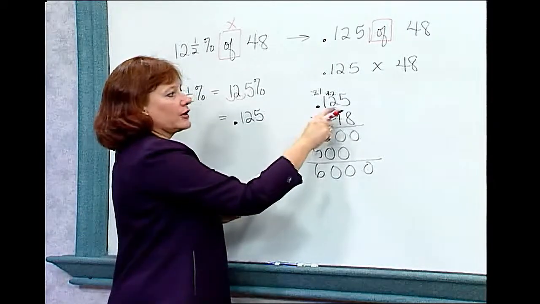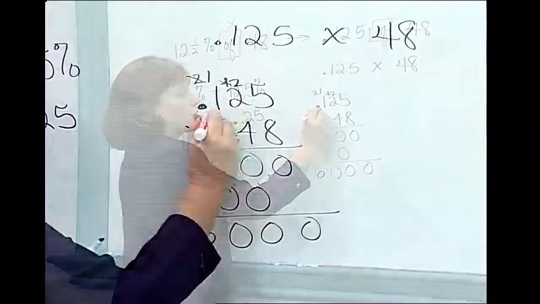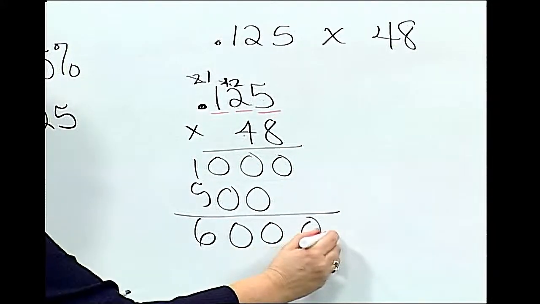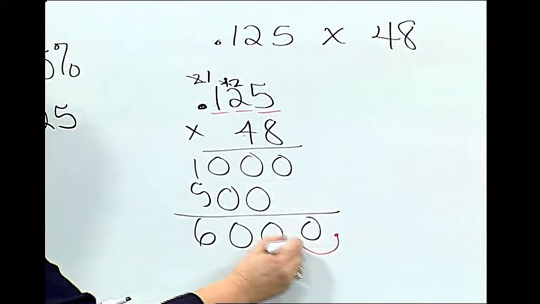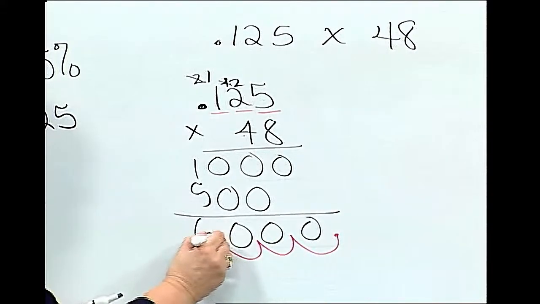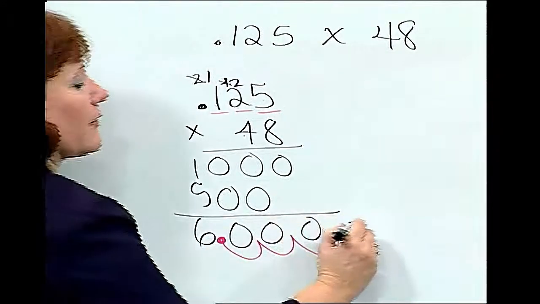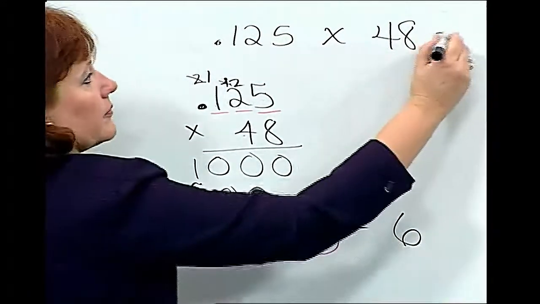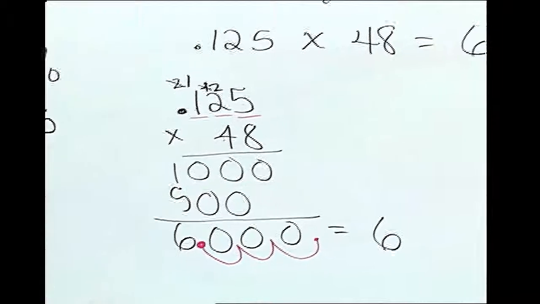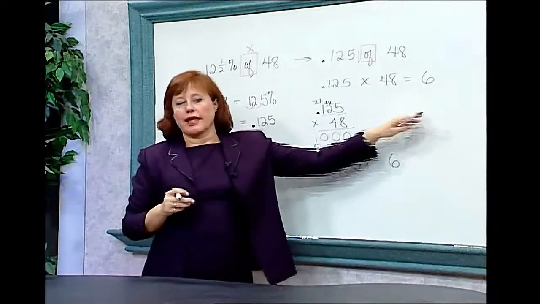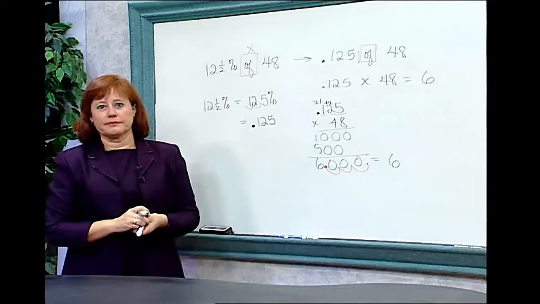I notice that following the decimal in the original problem, there are 1, 2, 3 places. Since I know that, starting from the right, I need to move 1, 2, 3 places to the left and put my decimal point there. This has a value then of 6. And we know 12.5% of 48 then is 6, as we expected from our previous problem.